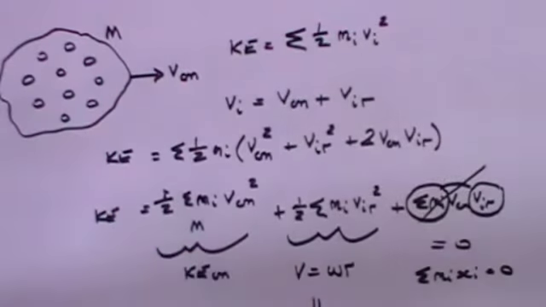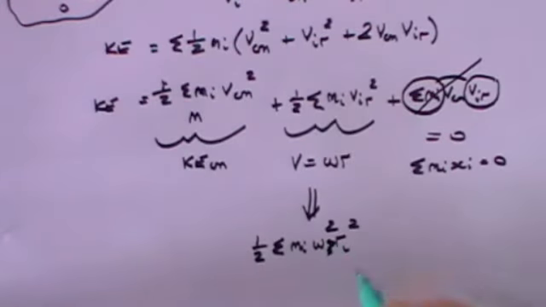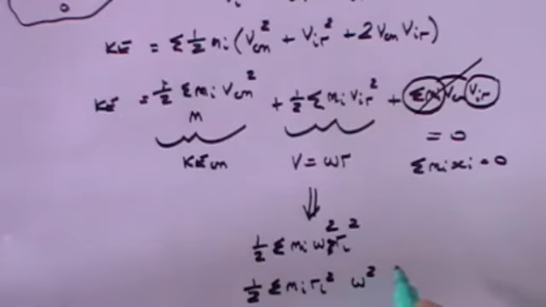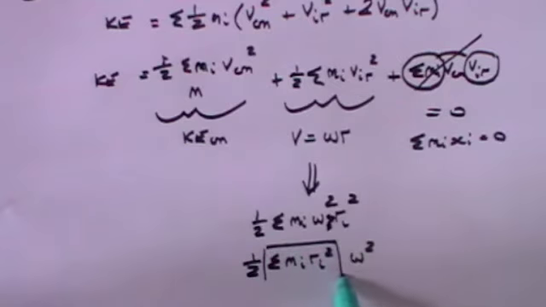It doesn't vary for the masses. So we can take this omega term out, because all of them will rotate with the same angular velocity. And that gives me a half sigma mi ri squared times omega squared. But this term is the moment of inertia.